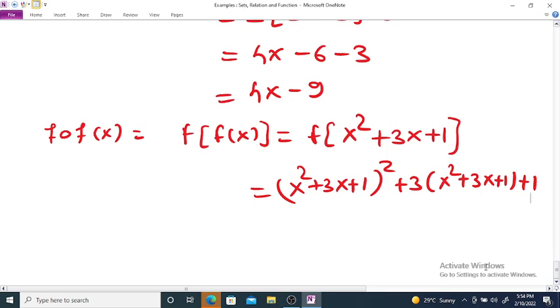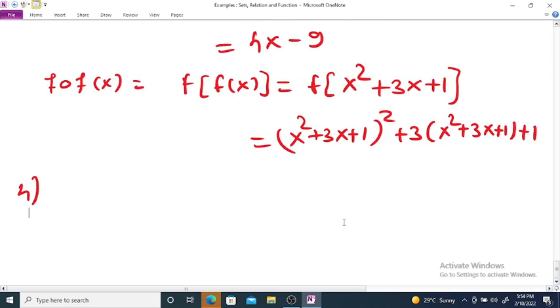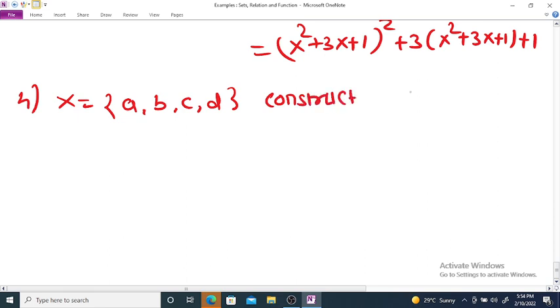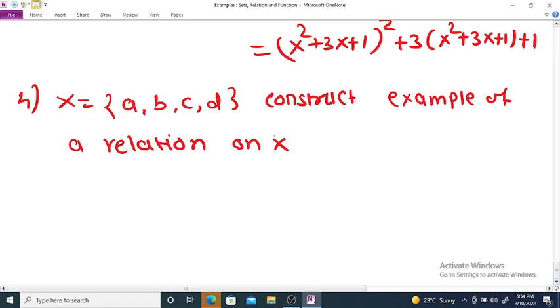Next, example number 4. Let X is equal to {a, b, c, d}. Construct an example of a relation on X of each of the following types.